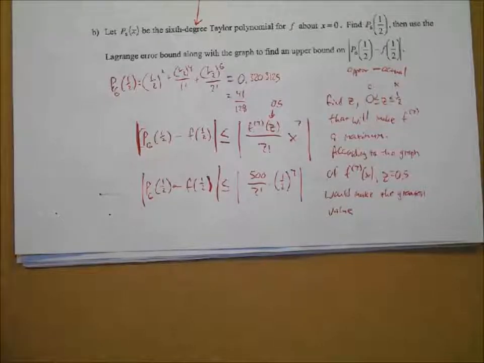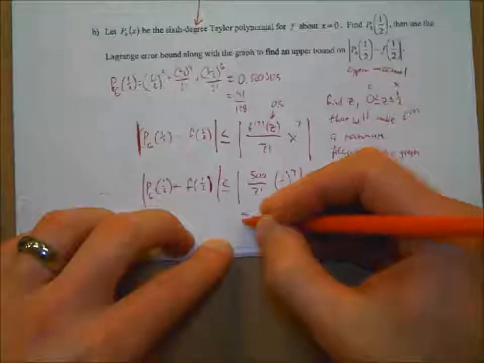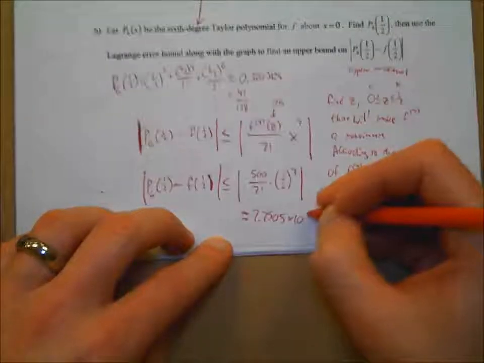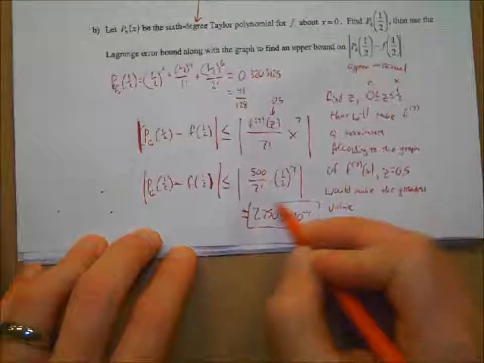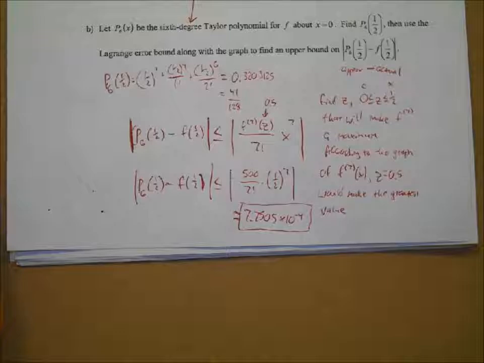So we type this into our calculator and we get approximately 7.7505 times 10 to the negative 4th. And so there is our maximum error.